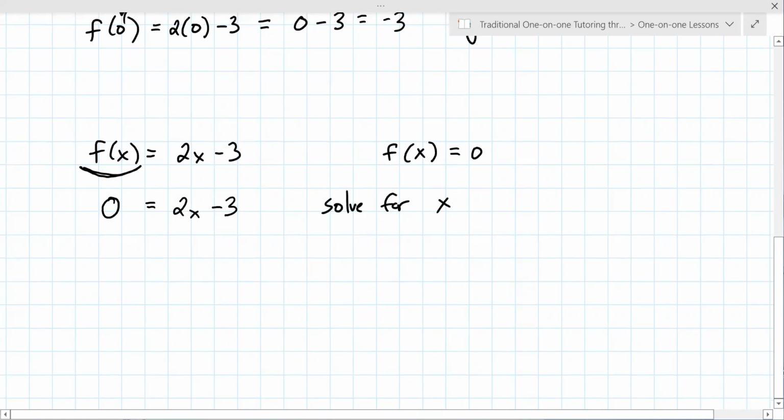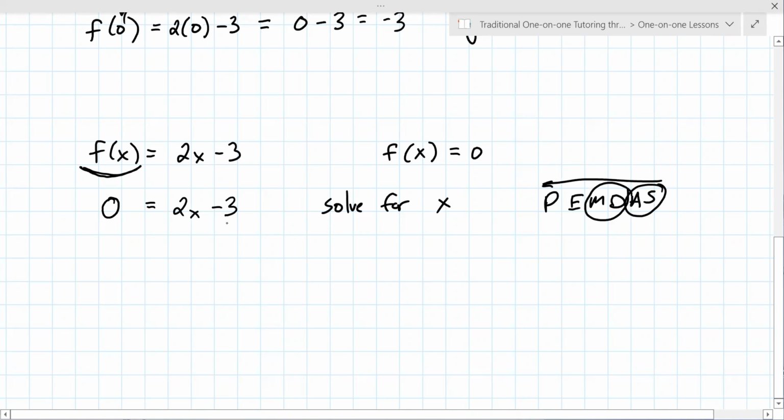How do you solve for x? I kind of need a refresher on that. Okay, so you're undoing multiplication and subtraction. Order of operations helps you figure out which way to go, because you undo addition and subtraction before multiplication and division.